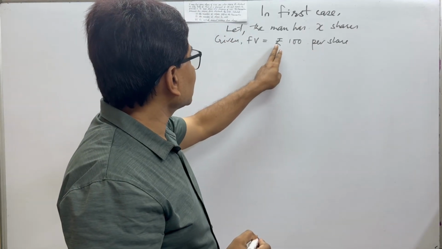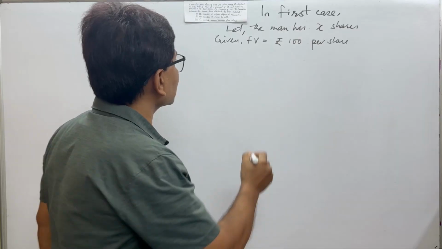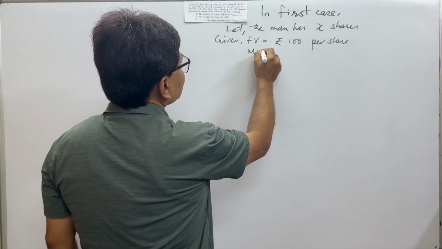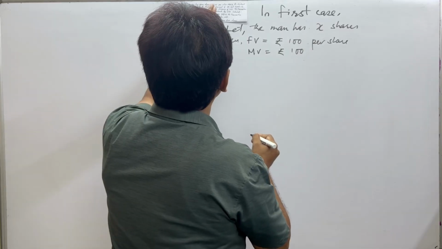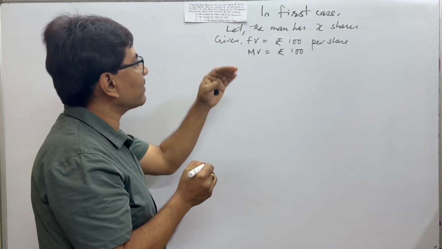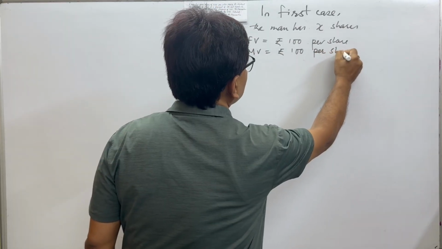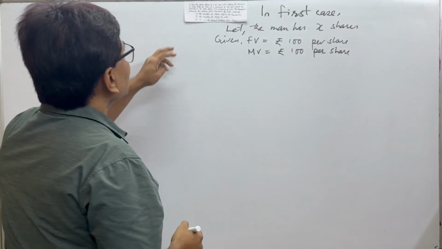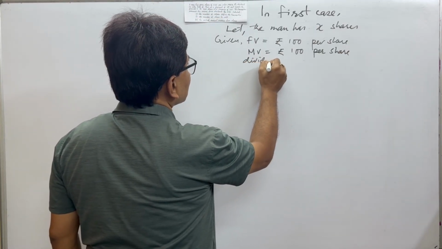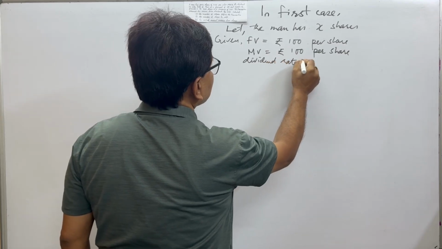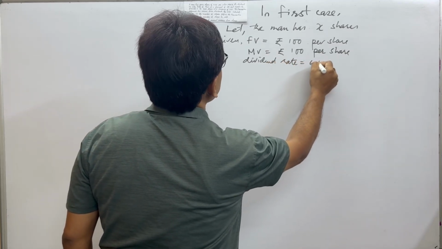One share face value is rupees 100. Market value is rupees 100 only, because it is said rupees 100 par value, so per share. And dividend rate is 6%.